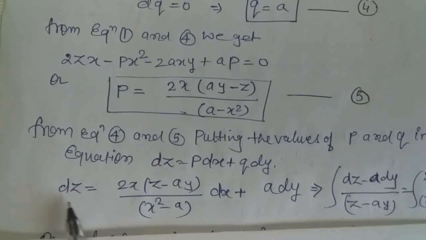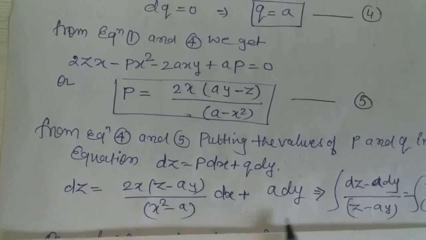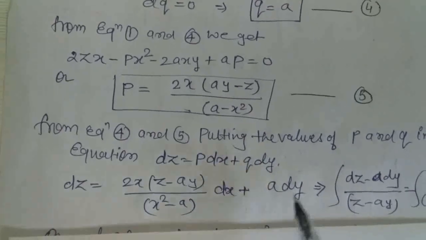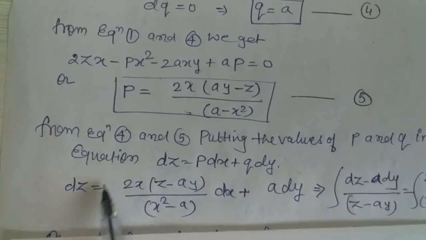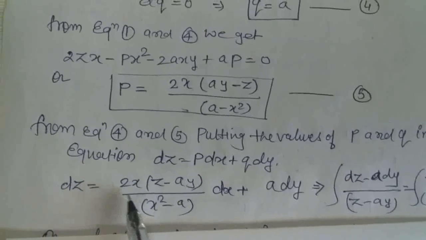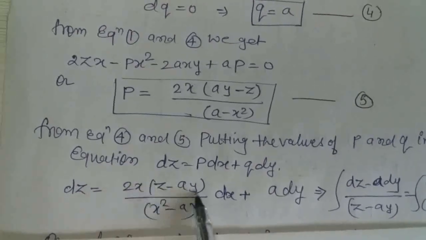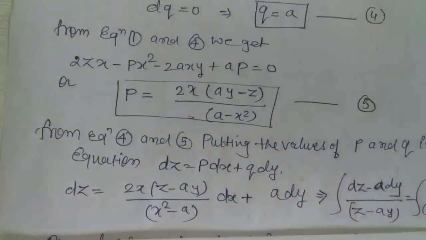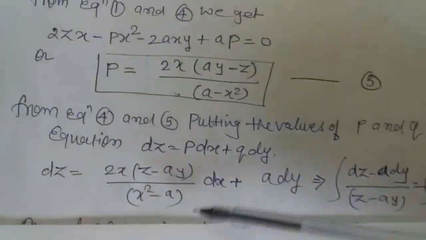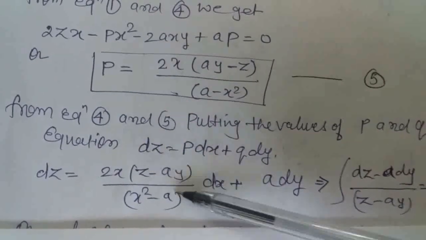The term dz can be integrated, a dy can be integrated, but in this expression we are going to integrate with respect to x, while we have the variables z and y as z minus ay. So first we have to separate the variables.